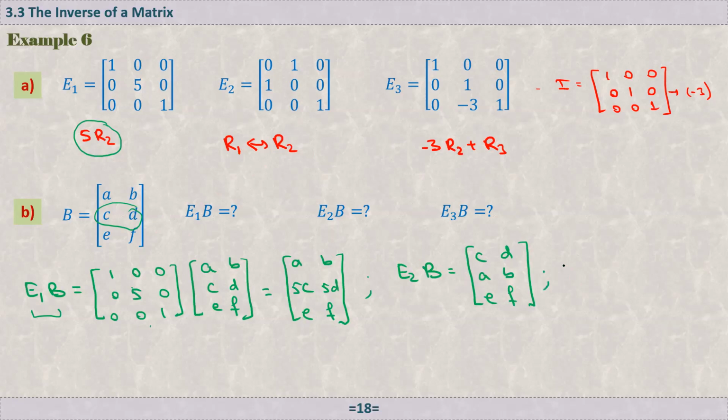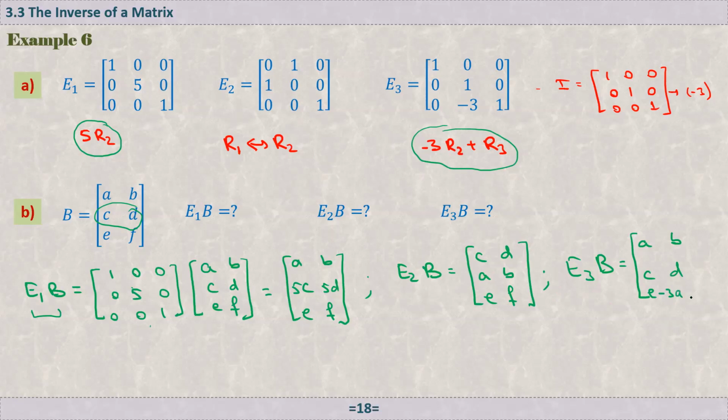And how about E3 and B? E3, as you see here, we should multiply the second row by -3 and add it to the third row. So here we will have a bit longer one. Here we have A, B, nothing to do with the first row, and C, D, nothing to do with the second row. So we should multiply the second row by -3 and add it to the third row. So what do we have here? Here we have E minus 3 times, I should multiply by 3, right?